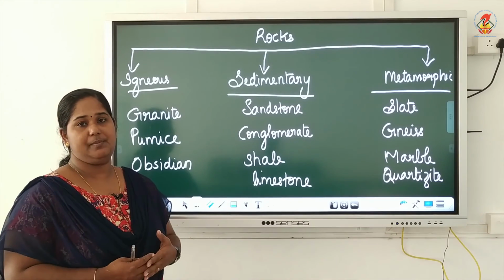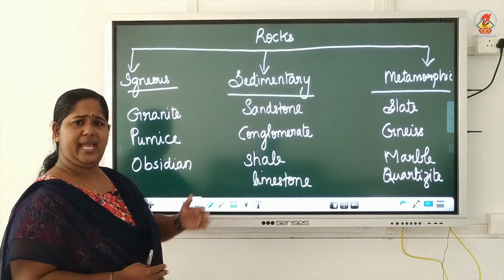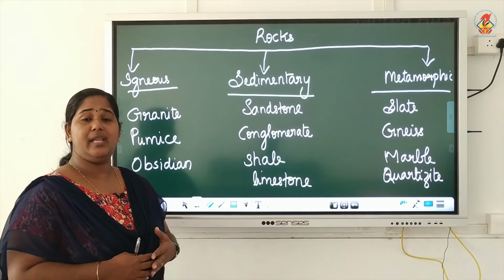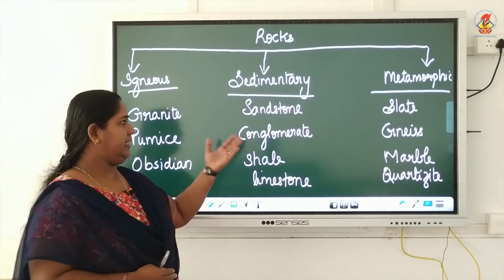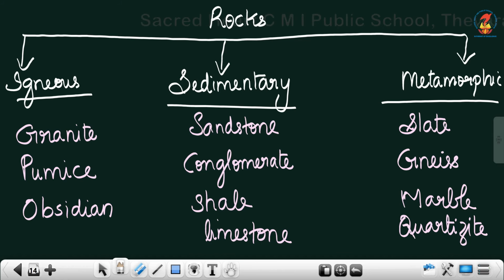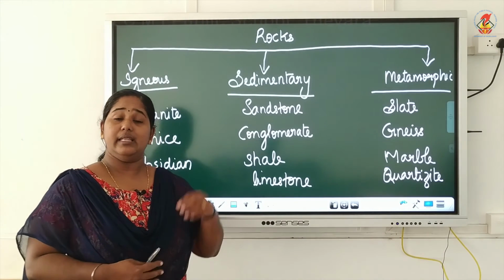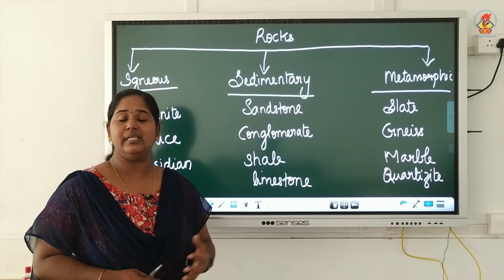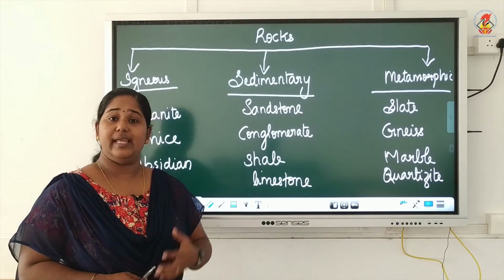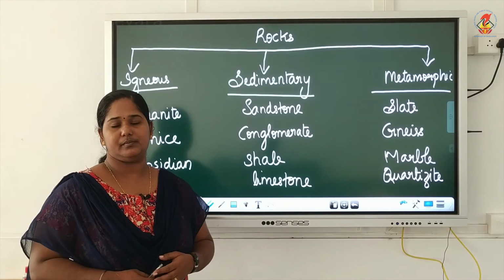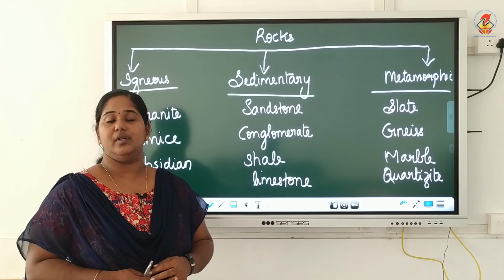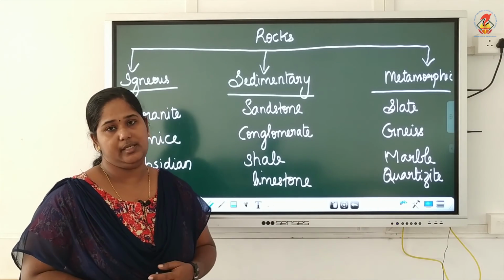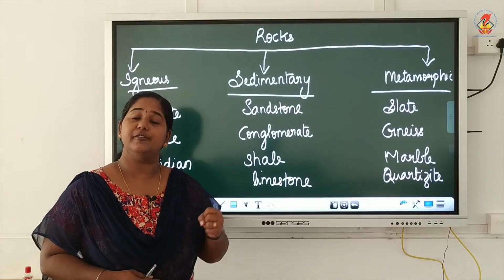Even animal shells can be there, and sometimes the dead remains of animals and plants will also be cemented together with sedimentary rocks. So, the different types of sedimentary rocks are sandstone, conglomerate, shale and limestone. And one more importance about sedimentary rocks is that these sedimentary rocks help the scientists to study about the life that existed on earth earlier, because these rocks leave imprints of the creatures or the things that existed earlier, and those imprints are called fossils.